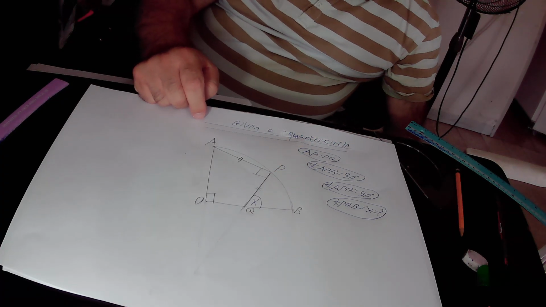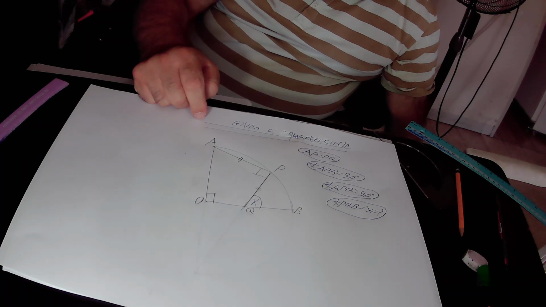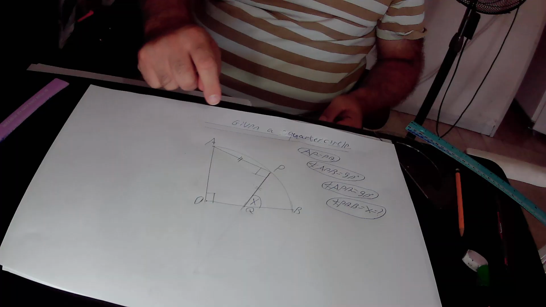Okay, so to start, in the first step, we will complete the quarter circle to a semicircle.